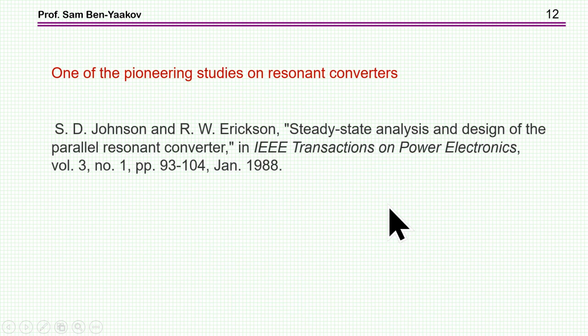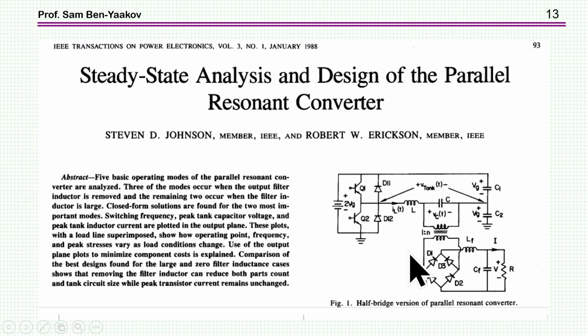And we can go back to the very early development of this whole technology and the pioneering work of Professor Erickson. This is a paper by Professor Erickson and at that time his PhD student Johnson, called Steady State Analysis and Design of the Parallel Resonant Converter, from 1988. And here it is.